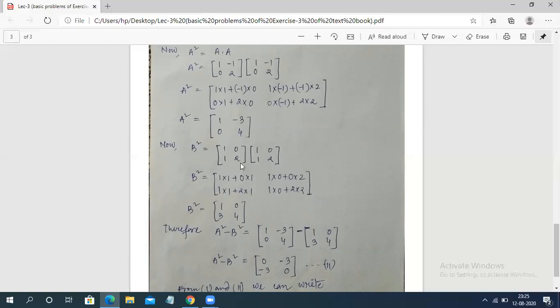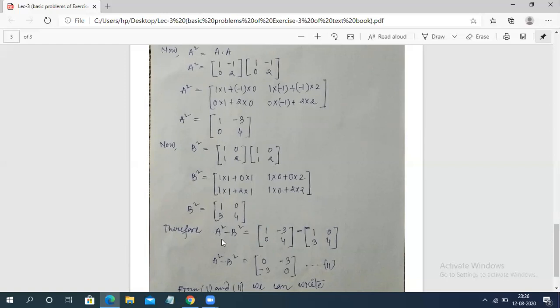Now come to the second row. Multiply the elements of the second row with each column. First, with the first column, that is 1 into 1 plus 2 into 1. Okay. Next, 1 into 0 plus 2 into 2. This is the second element of the second row. Okay. So we have this matrix B square: 1, 0, 3, 4.